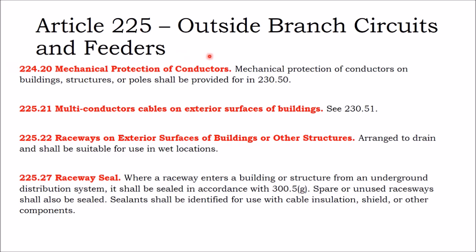Mechanical protection of conductors. So on buildings and structures and poles, you need to have mechanical protection of your conductors. Solar conductors can be open air, but that's only inside of the solar array. Outside the solar array on the rooftop, they need mechanical protection.